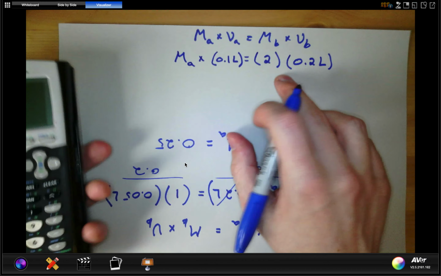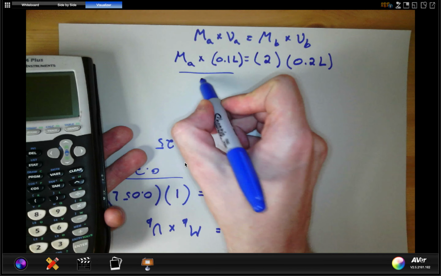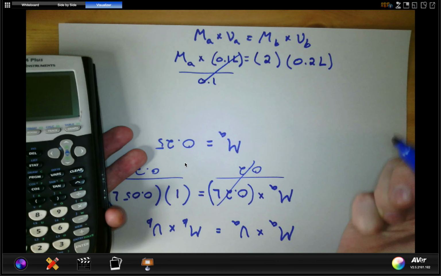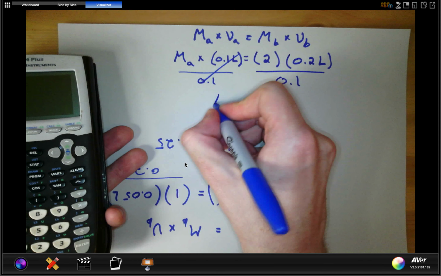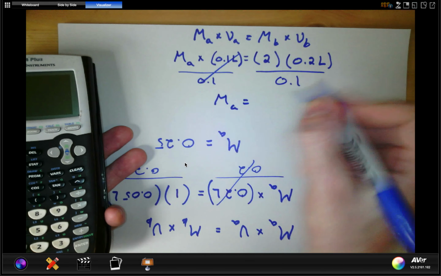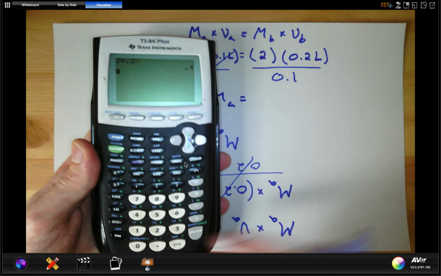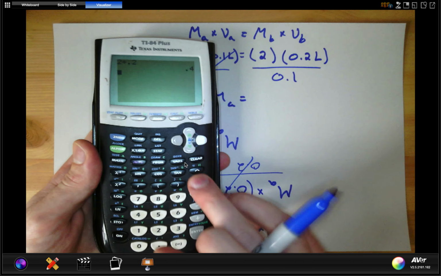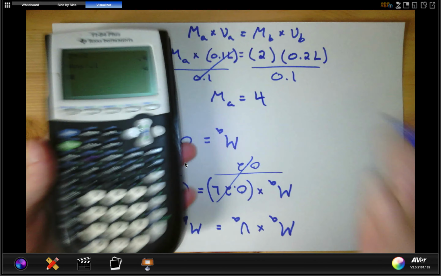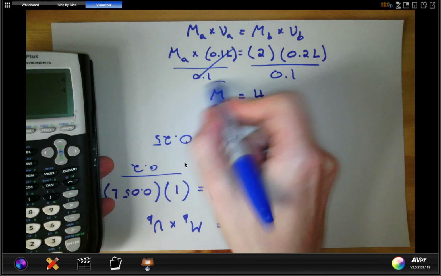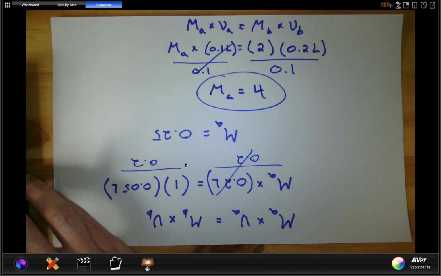This time we're going to divide this side by 0.1, which cancels that out. So it brings it over here. Now the molarity of the acid, I've got to solve this. So we do 2 times 0.2, which is 0.4. And then I divide that by 0.1, which is 4. So the answer there is 4, and the molarity of the acid is 4 moles per liter.